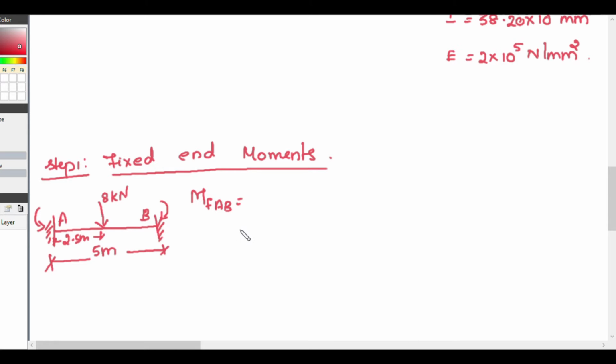So MFAB is equal to minus WL by 8. So we get minus 8 into L is 5 divided by 8. We get it as minus 5 kilonewton meter.